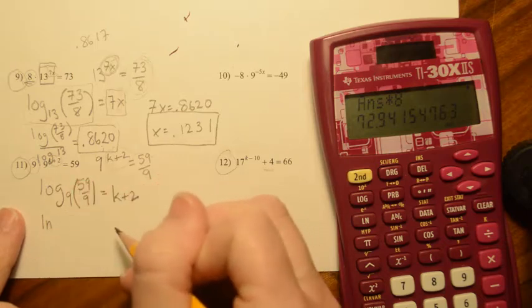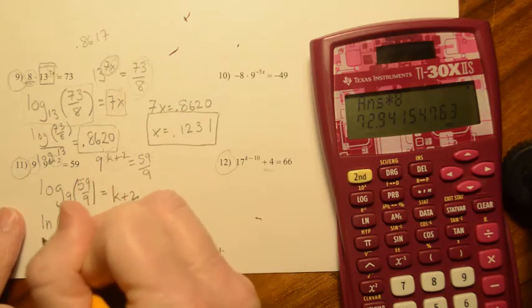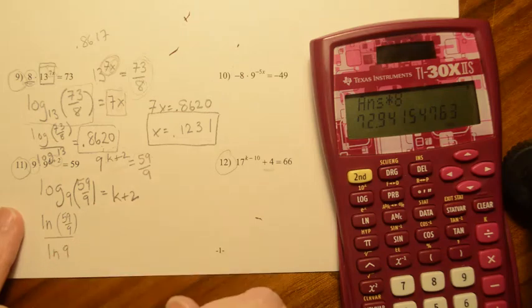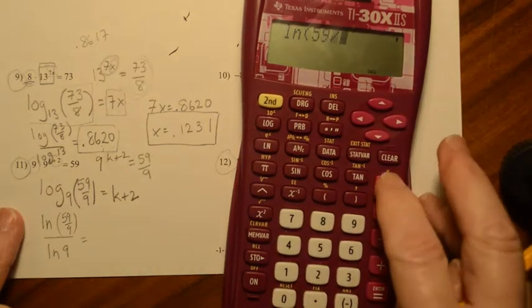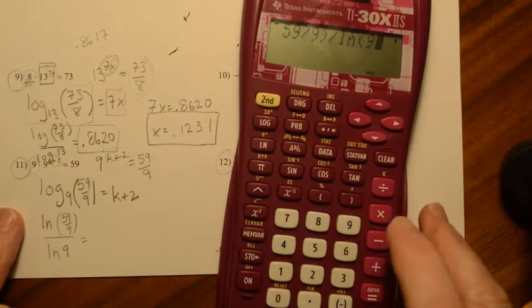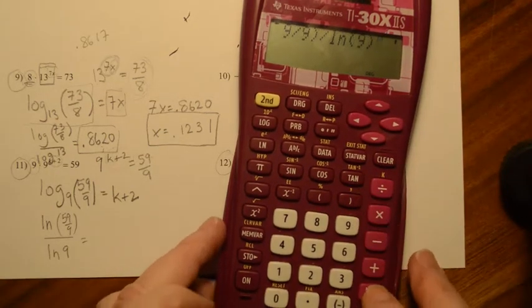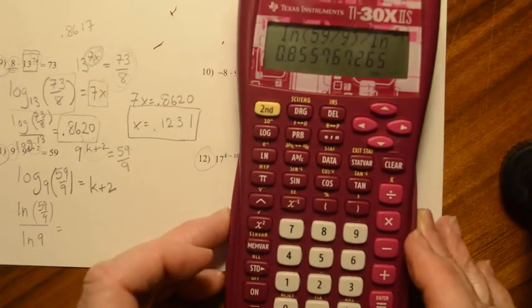So natural log of 59/9 over natural log of 9. Natural log of 59/9 divided by natural log of 9. And we get 0.8558.